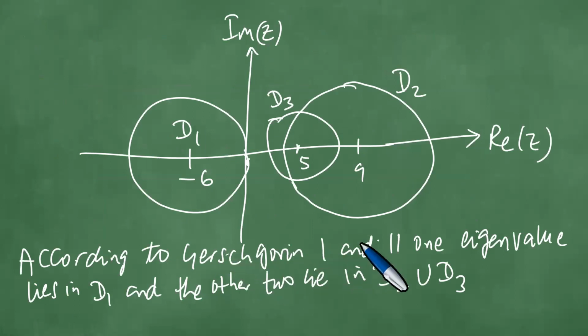According to Gerschgorin 1 and 2, one eigenvalue lies in D1, and the other two lie in the intersecting ones.